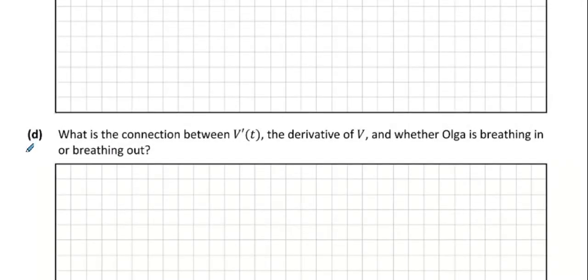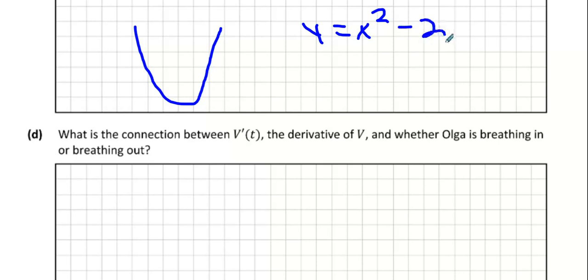Do you remember back in the day when we did functions? So, I'm showing you an example. Are you all looking? This is a graph of y equals x squared minus 2. You all right with that? What did we say the derivative was again? The first derivative is the slope.